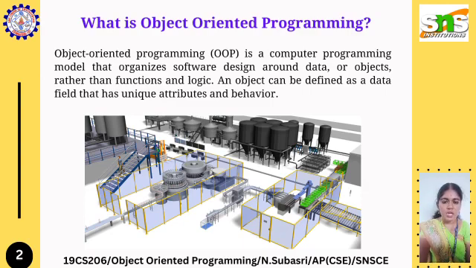This approach is well suited for programs that are very complex, large and actively maintained. This also includes manufacturing and designing programs, as well as mobile applications. For example, OOPS can be used for manufacturing system simulation software. This is a real-time example where you can use object-oriented programming concepts.